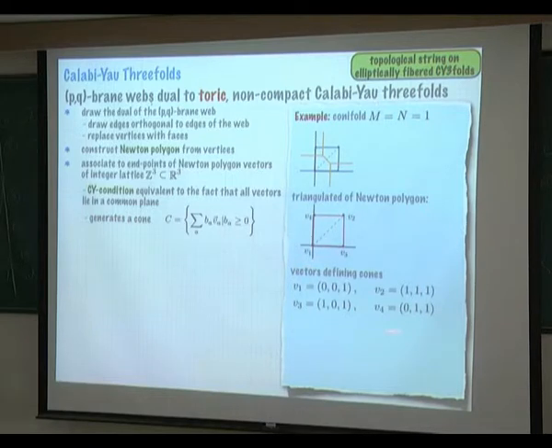Moreover, these vectors essentially construct a cone C, a solid cone, which is just defined in this way. And the triangulation here constructs additional cones for me. Over each of the triangles in my triangulation, I can define an additional cone sigma i. So here I have V1, V2, V3.